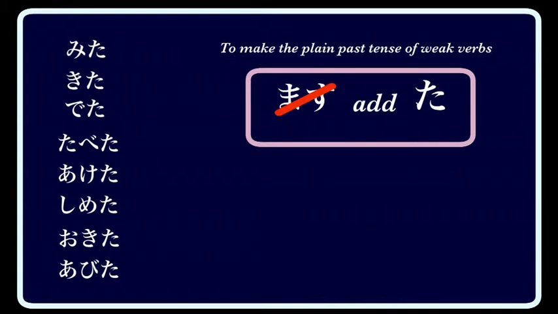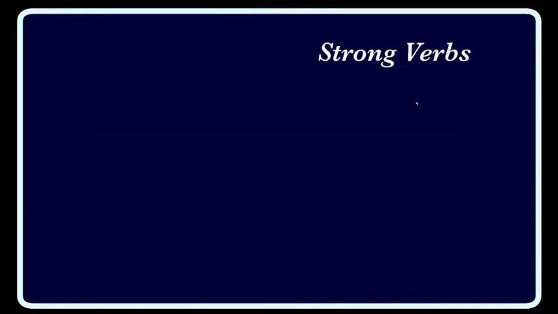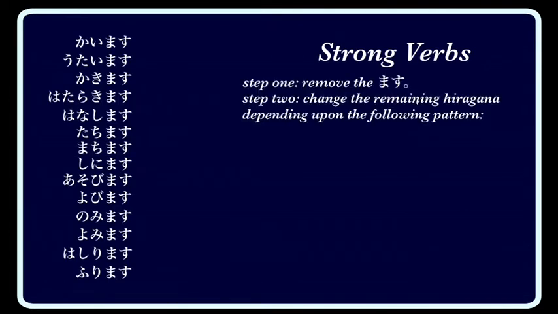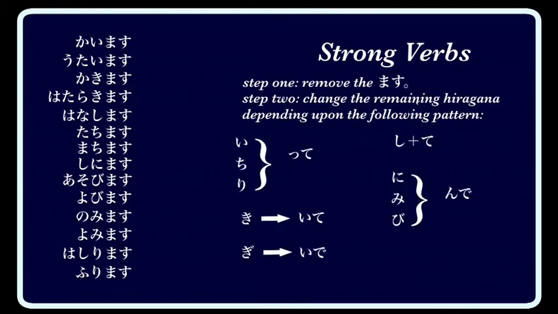When we look at our strong verbs, we need to remind ourselves of changing these into the te form. The rules for changing them into the te form relate once again to the I row on the hiragana chart. We have to change the i, ki, shi, chi, ni, bi, mi, and ri according to our rules as in the te form.